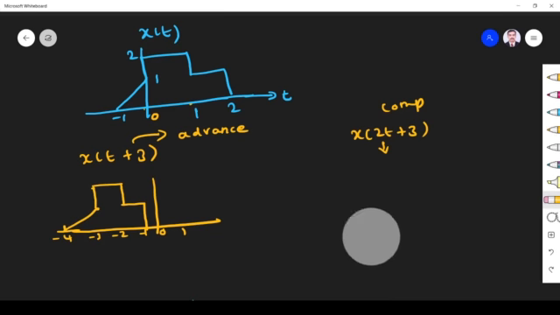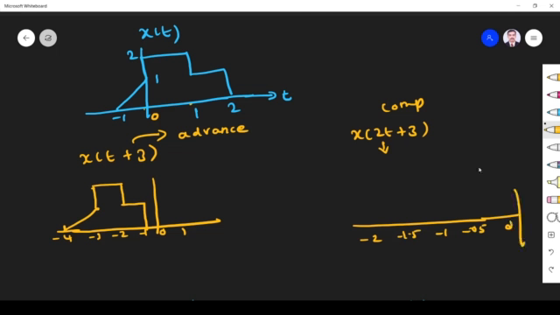I draw neatly. Minus 2, minus 1.5, minus 1, minus 0.5, 0. So 2 times, so minus 4 will become minus 2, minus 3 becomes minus 1.5, minus 2 becomes minus 1, minus 1 becomes minus 0.5.